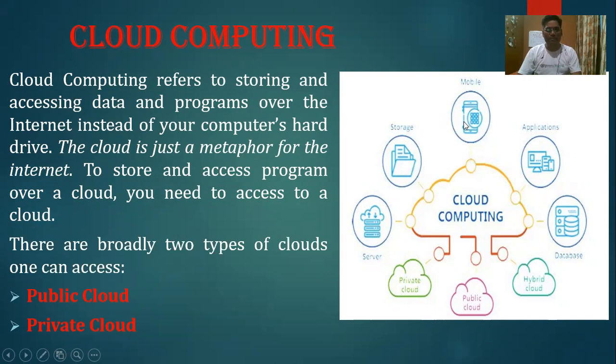Storage, mobile phones are connected to it, applications you can access, a database is there, and a server is providing services. Also there are two types of cloud: private cloud and public cloud. Now we have to know about them one by one.